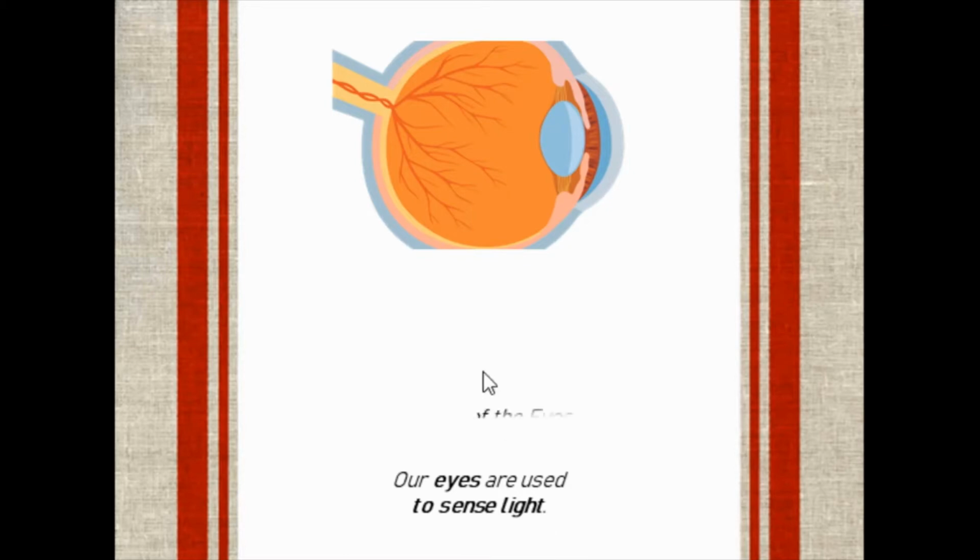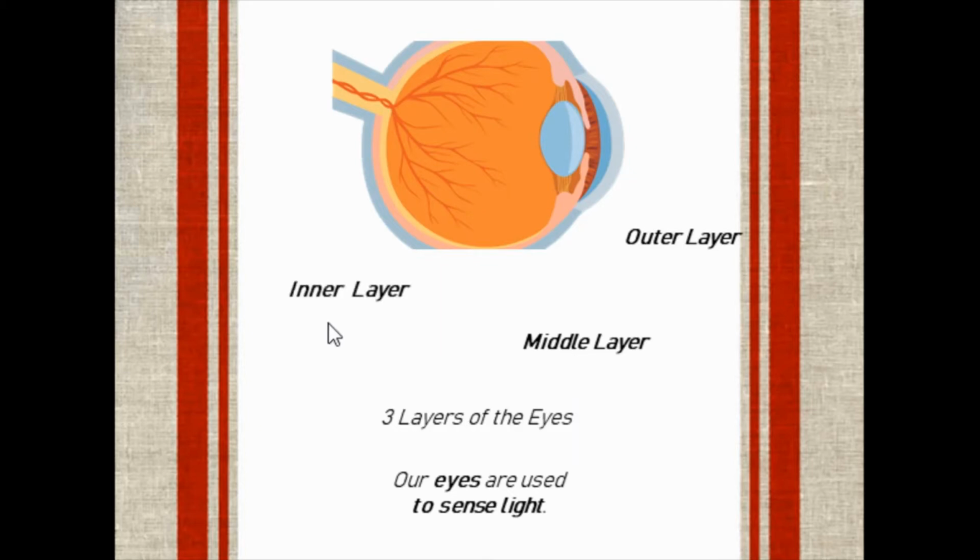There are three layers of the eyes. We have the outer layer, the middle layer, and the inner layer. The inner layer is located over here. The outer layer is here.